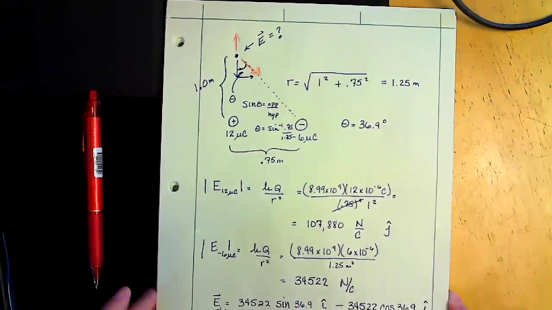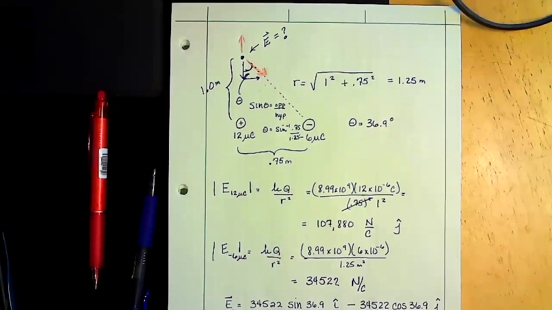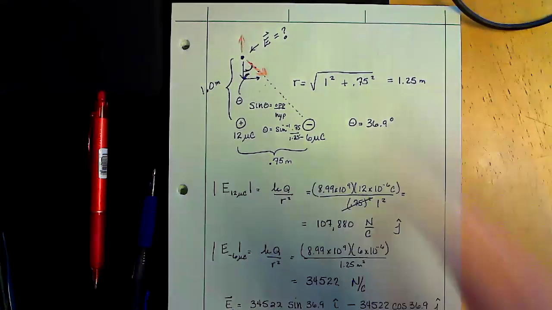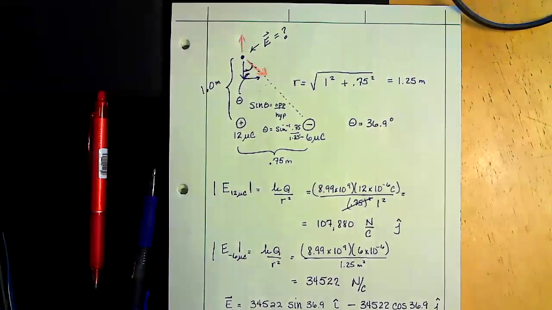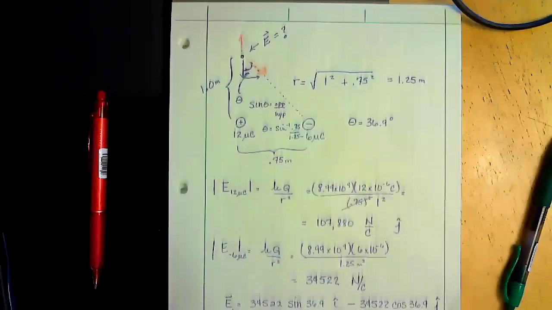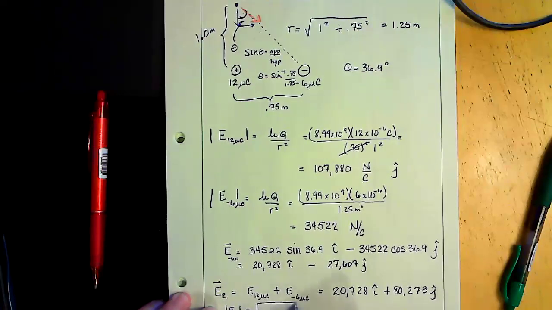So what that's telling me is that the electric field at this point is going to have a magnitude. And if I want to find the magnitude, remember how to find the magnitude: that's going to be the square root of the sum of the squares of my two components.